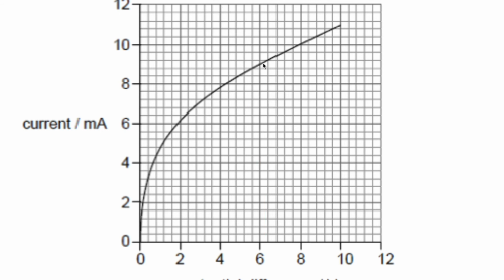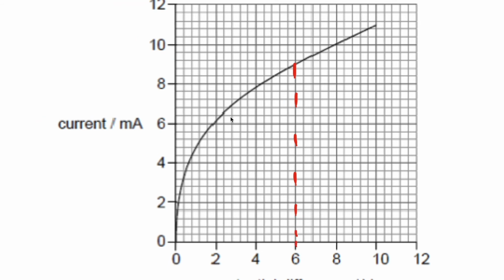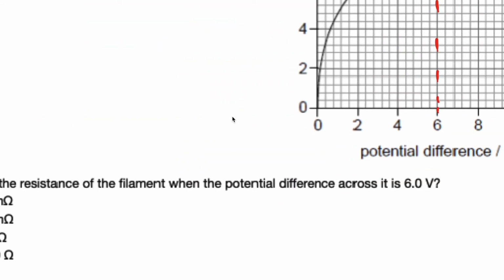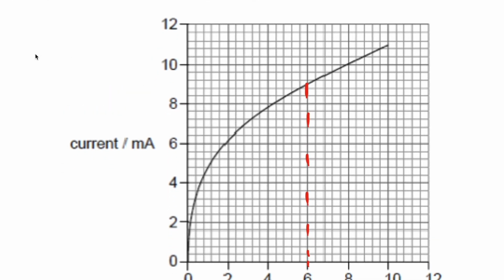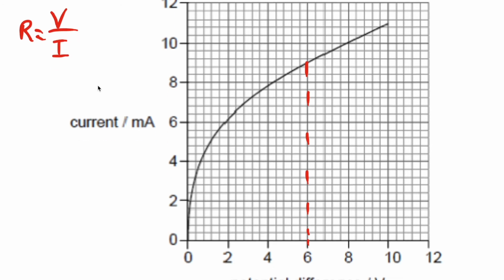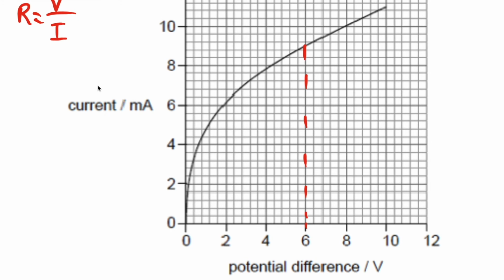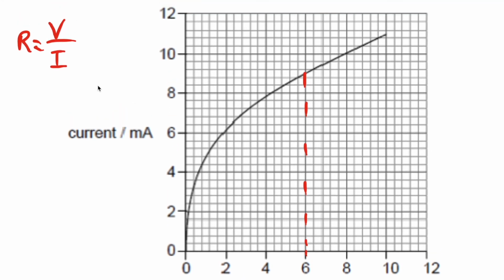Let me just redraw this. So it's asking us to calculate resistance, which is the gradient of the graph. I mean, it's the reciprocal of the gradient. So you can calculate the gradient of this graph.